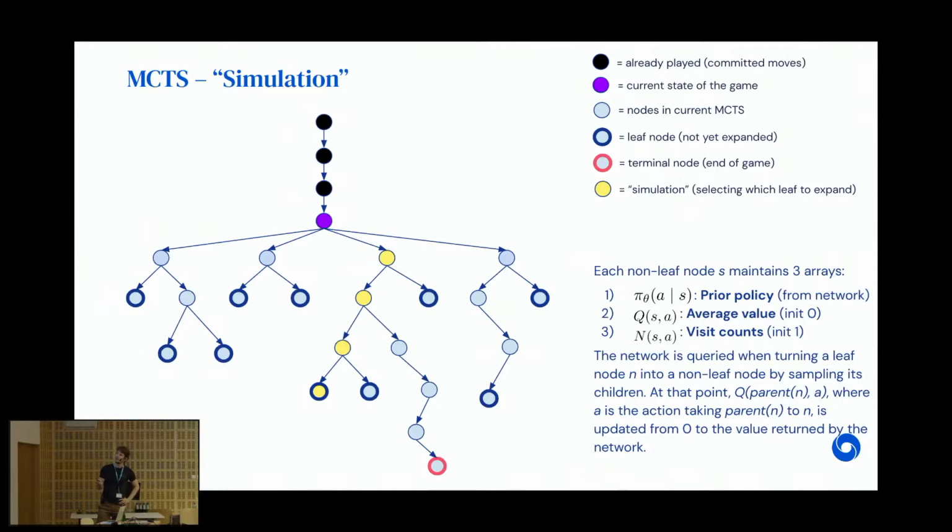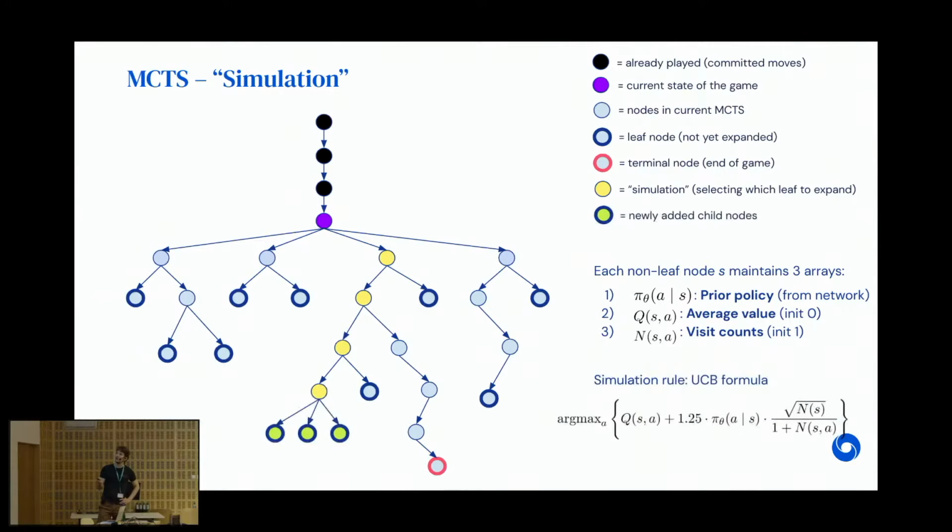Then this leaf node will be expanded by querying the neural network on it, and we will get its children and add these children into the tree. But how do we decide where this simulation should go? Which branch should it go down?